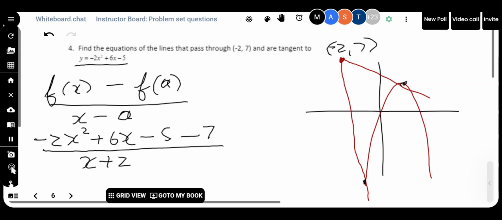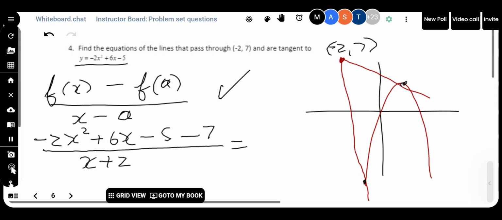Now, we know that this would find the slope of this function at -2, 7. Let's just be clear on that. At -2, 7, we would be able to find the slope of this function by plugging that information into this version of first principles, right? f of x, which is the function, is -2x squared plus 6x minus 5.